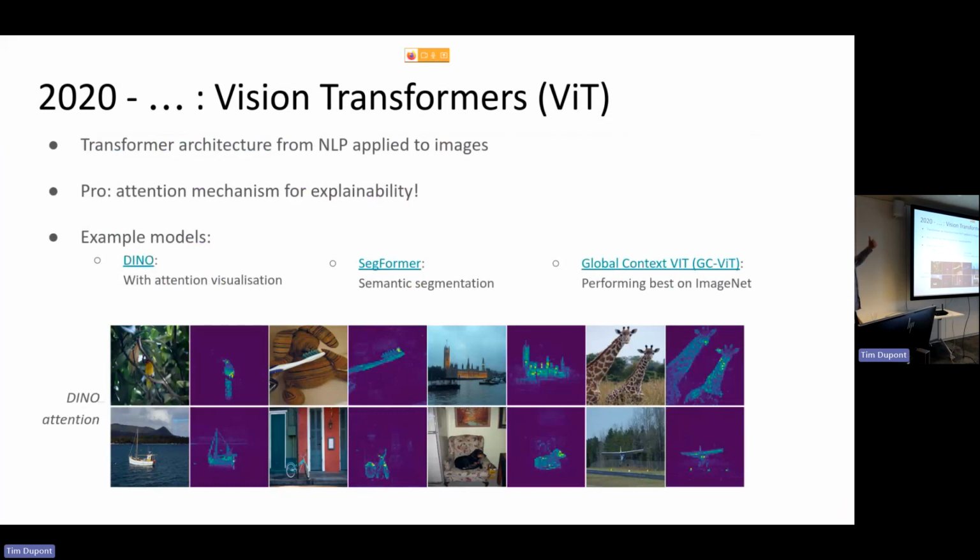And you can use that then to explain to a user, for example, why your algorithm classified a certain image a certain way. Like you see here on the bike, what did it focus on? Well, literally the part of the image that's actually the bike. Right, and you have a few example models here. You can look into the details if you want.